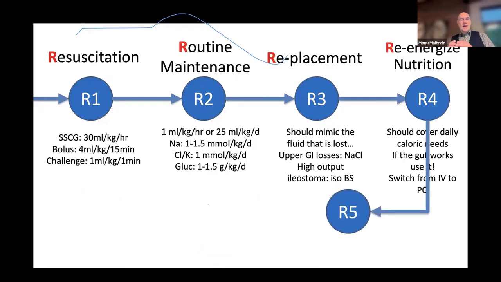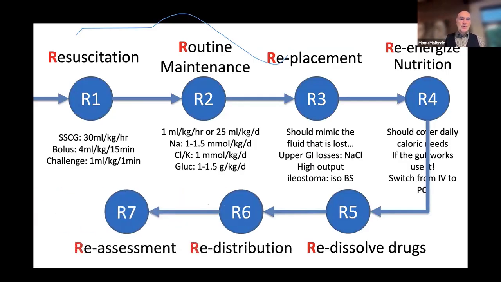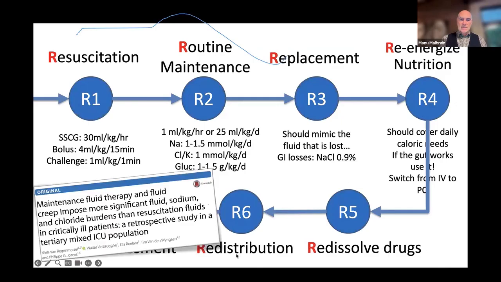But what is often forgotten is that there is a fifth. It's not an indication, it's rather a consequence, which is fluids to dissolve other drugs like antibiotics, painkillers, antacids. Remember, all fluids are redistributed, so we have to reassess volemia status.